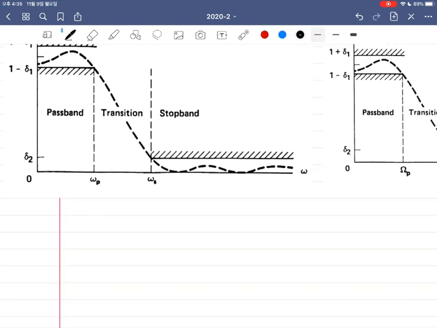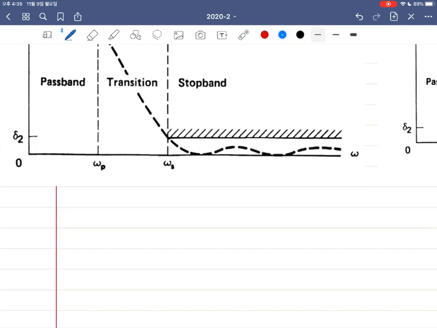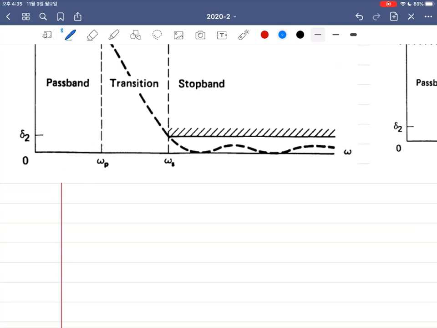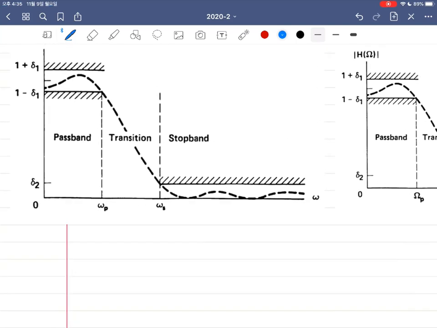So the things that I said, I will write down. From passband to the stopband, you have a gradual transition.